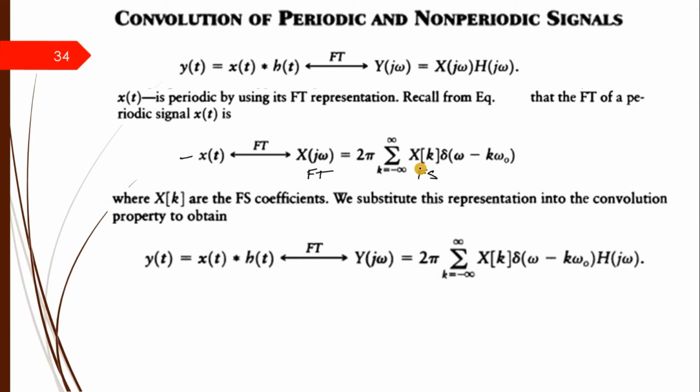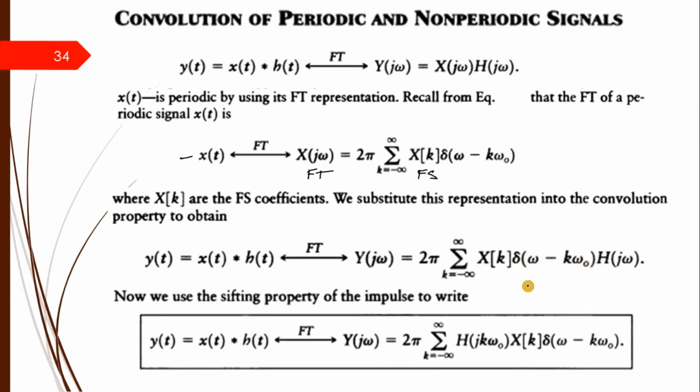and we could just substitute the values for X of j omega in the multiplication that we are taking here. So in place of X of j omega, I'm substituting the whole of this equation, multiplied by H of j omega. Here you can see that there are shifted impulses.